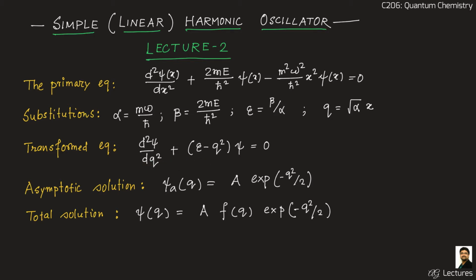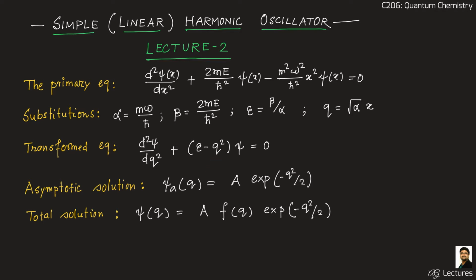The first attempt to solve this equation was to find the asymptotic solution first, which is the behavior of the solution when q is large, q tends to plus or minus infinity.